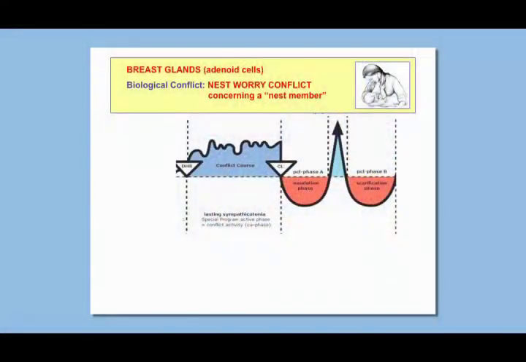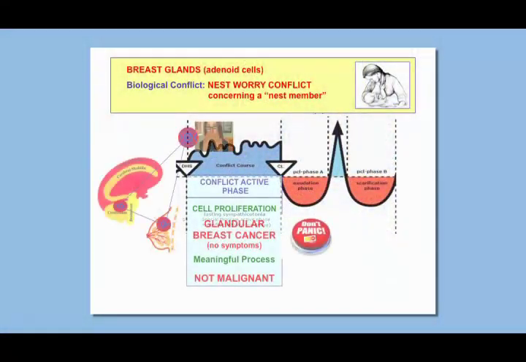And Dr. Hammer found that we women, our breast glands, so to speak, respond the same way when we unexpectedly worry about a loved one. When a parent, one of our children, a partner, a dear friend, a sibling is a reason for concern. And this is how this works in detail.